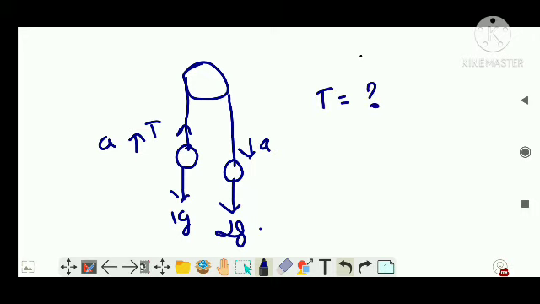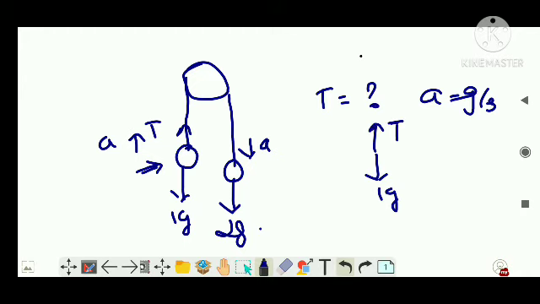You found in the previous scenario that acceleration is g by 3. So we can utilize this system with 1 kilogram. There is 1g downwards, tension upwards, and acceleration is in the upward direction. So which equation will you write? T minus 1g is equal to ma, or 1a.